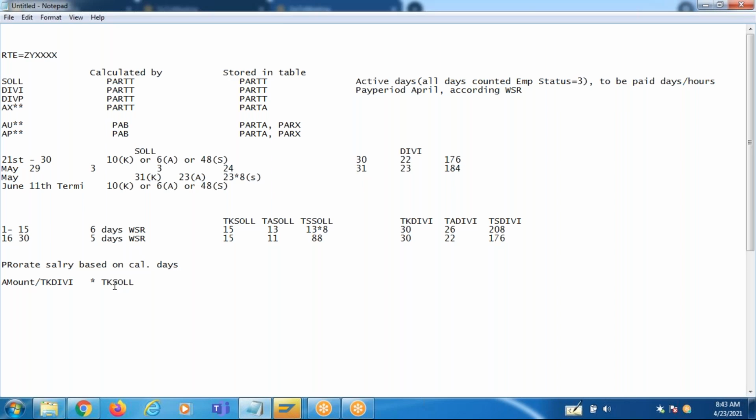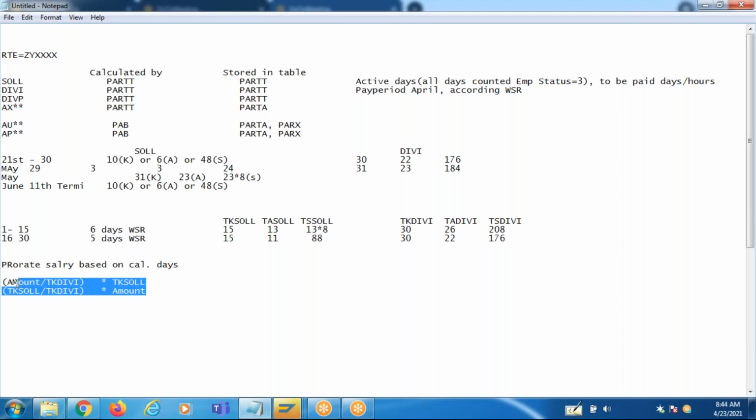The formula, if you write like this or like this, either is fine, right? Can I write in both the ways?